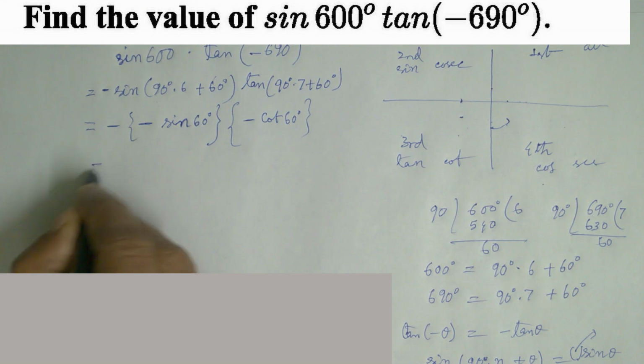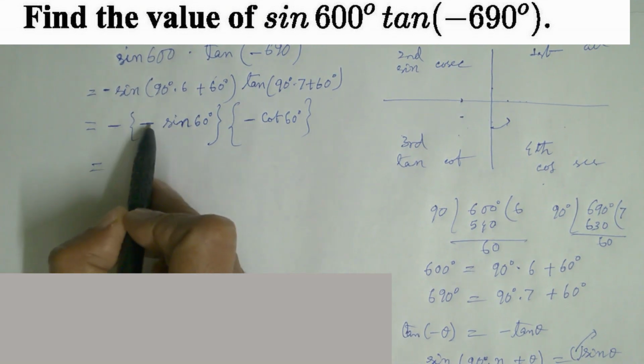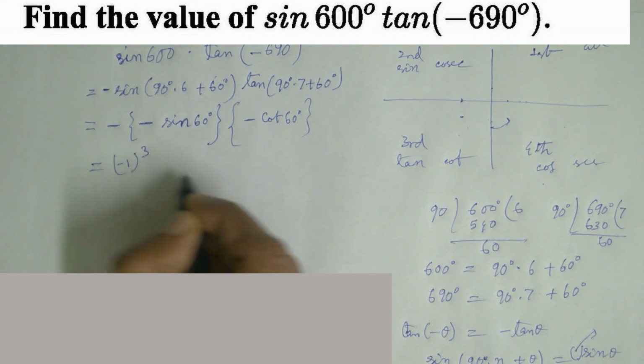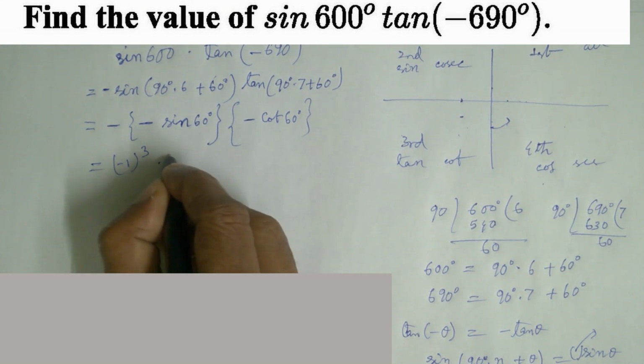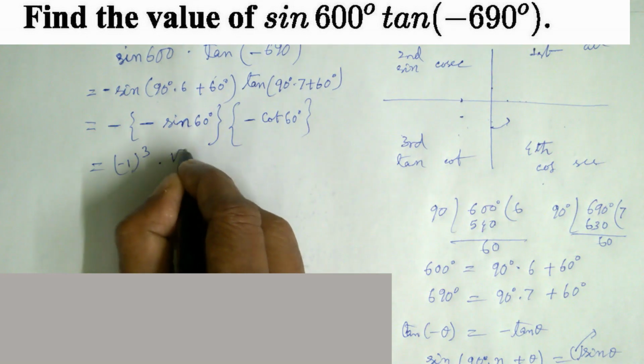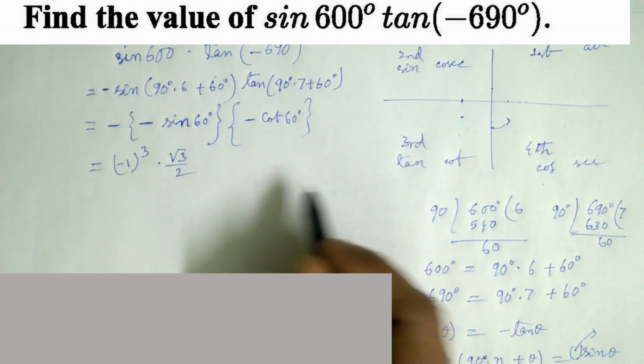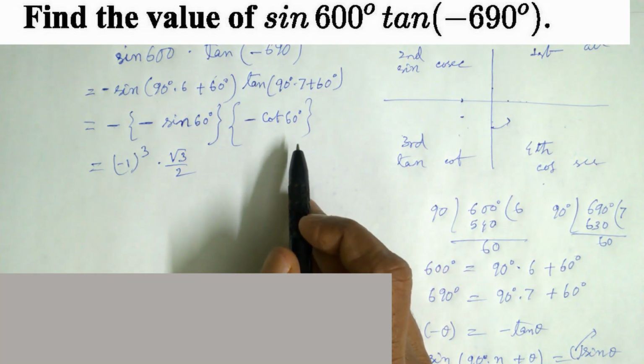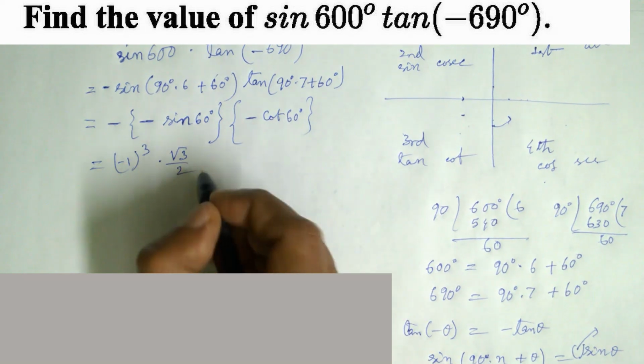Now simplification: minus 1 whole to the power 3, sin 60 degree is root 3 by 2, cot 60 degree is 1 by root 3.